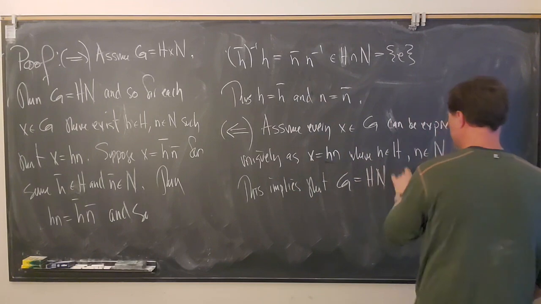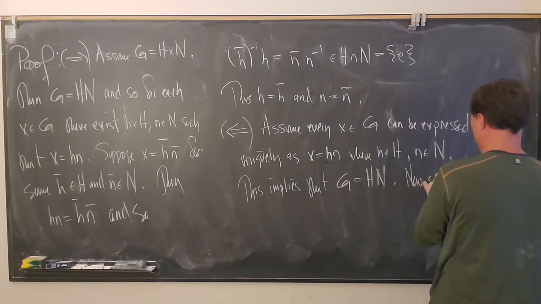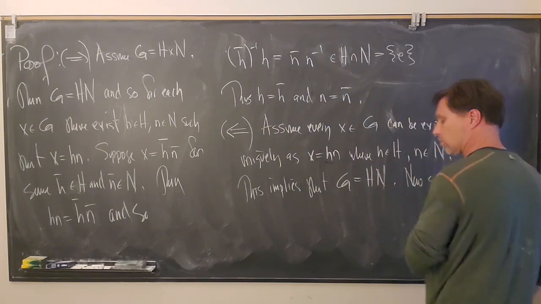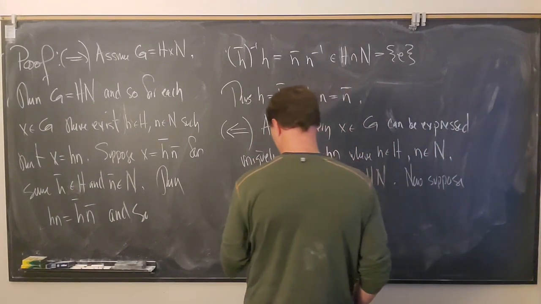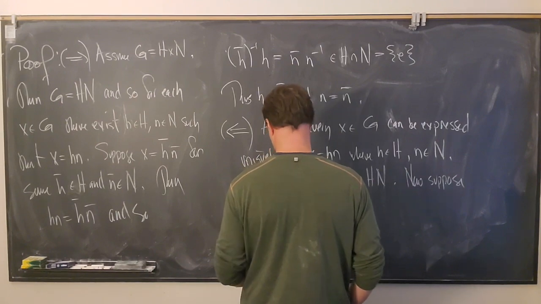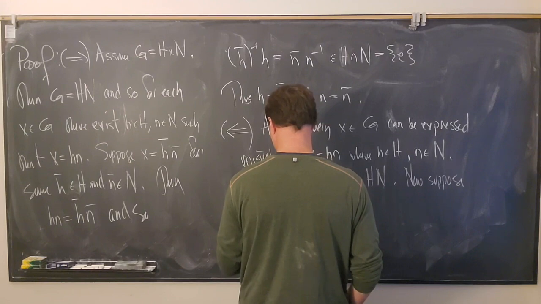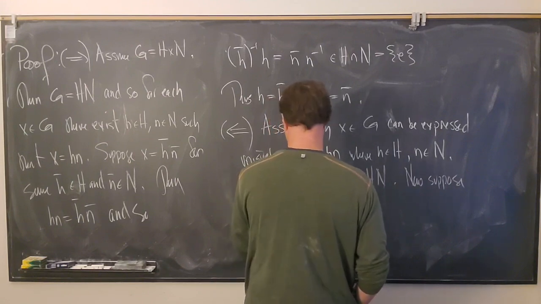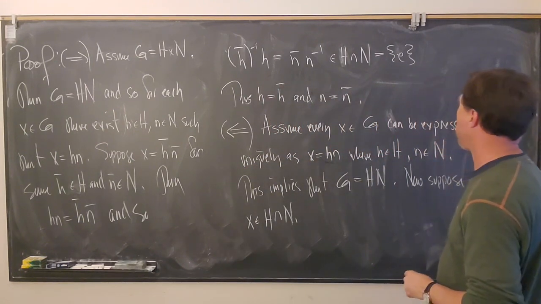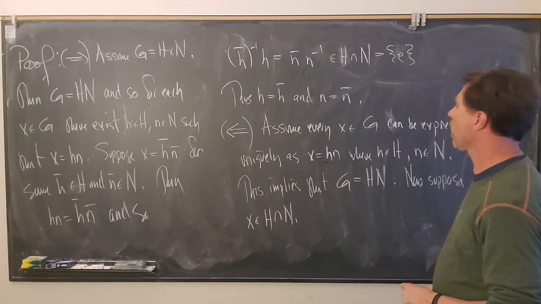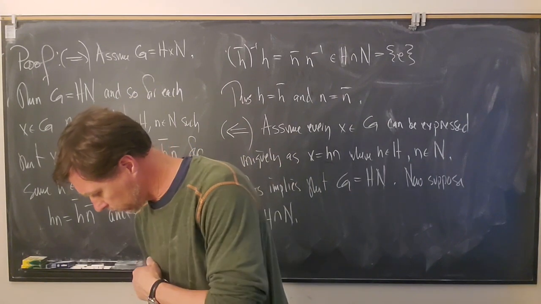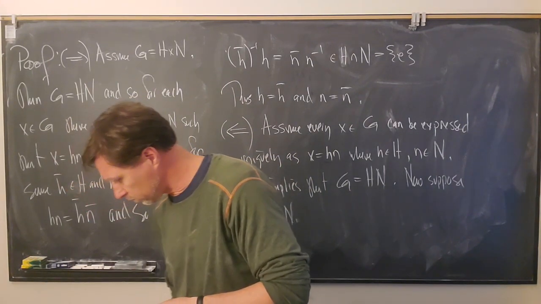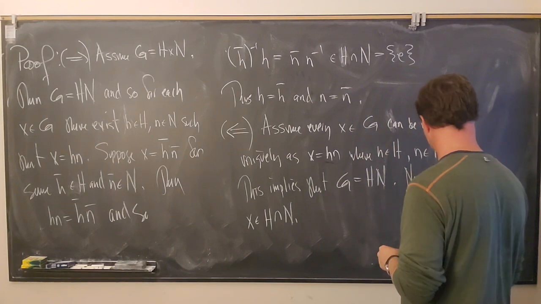So now suppose x is in the intersection H intersect N. Yeah, okay, sorry, I got spaced out there for a second.